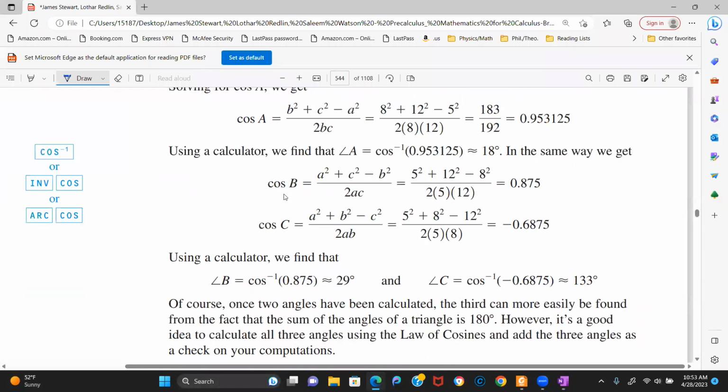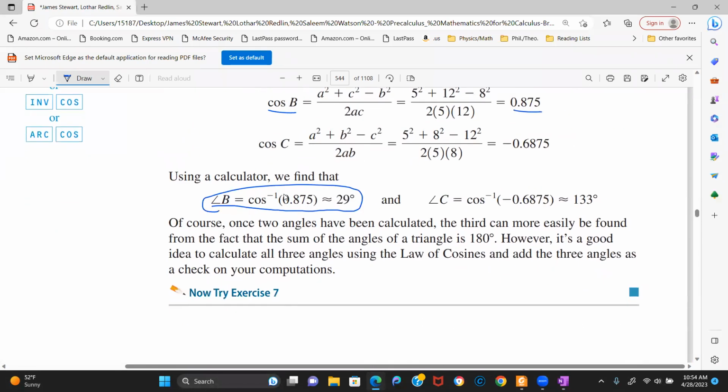So you can solve for cosine B, you get this, and then you get that cosine B is equal to this. So you can find the angle by taking the inverse, plugging that into your calculator. So cosine inverse of 0.875. And then you can do the same thing for C.